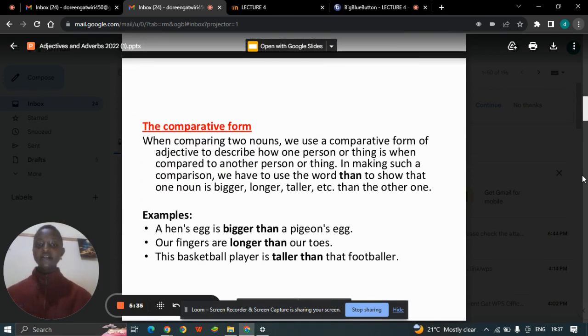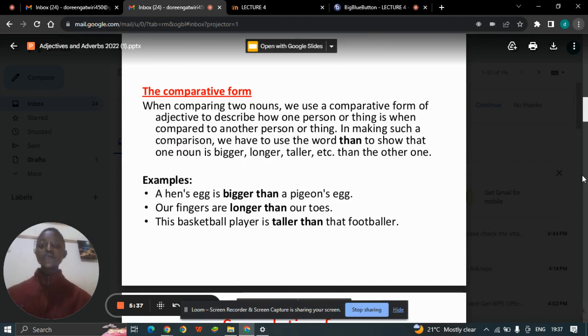Now the comparative form. When comparing two nouns, we use the comparative form of the adjective to describe how one person or thing is when compared to another person or thing. In making such a comparison, we have to use the word than to show that one noun is bigger, longer, taller, etc. than the other.